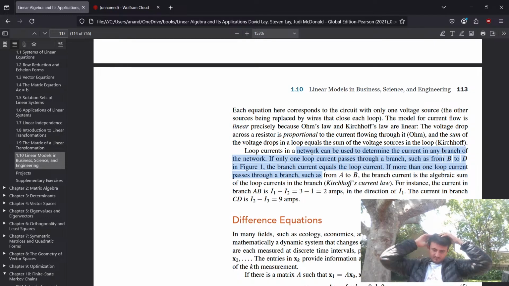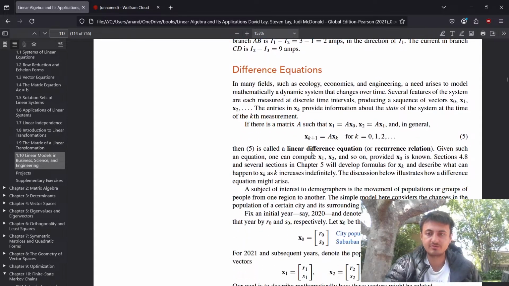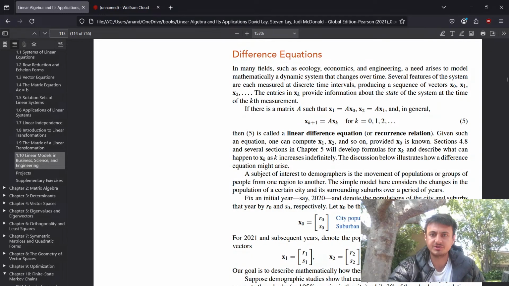Okay. So that was electrical circuits. Difference equations. Okay, so you have an iterated map, which just happens to be a matrix vector multiplication.